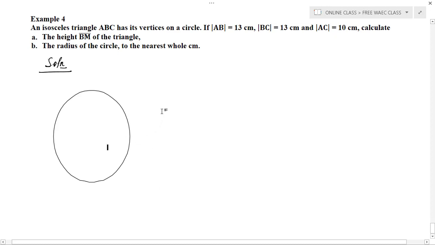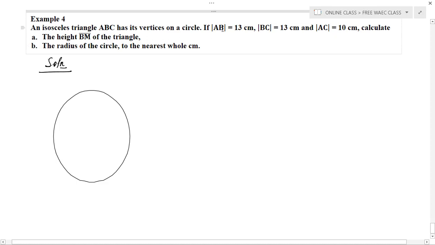Now let's look at the question. The question says that an isosceles triangle ABC has its vertices on a circle. If AB equals 13 centimeter, BC equals 13 centimeter, and AC is 10 centimeter, calculate the height BM of the triangle.